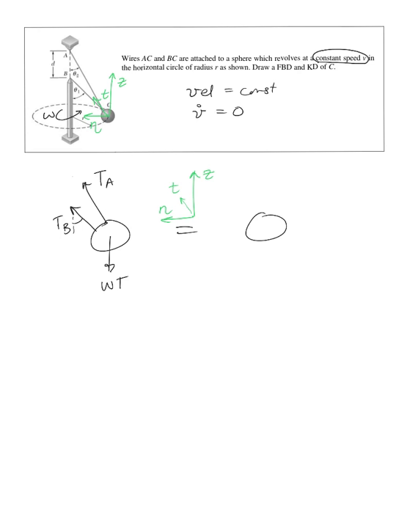That would be theta 1, and that would be theta 2. And from an acceleration point of view, I have an acceleration in the normal direction, mv squared over, in the picture right there, it's r. I have no tangential acceleration because v dot is equal to 0. And it says it's moving in a horizontal circle. So I've got no movement in the z direction, therefore no velocity or acceleration.